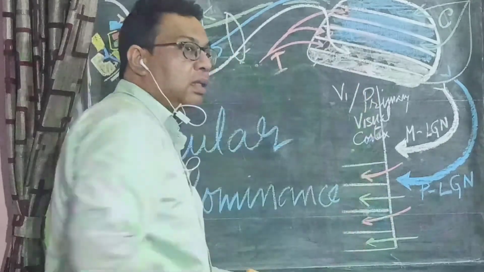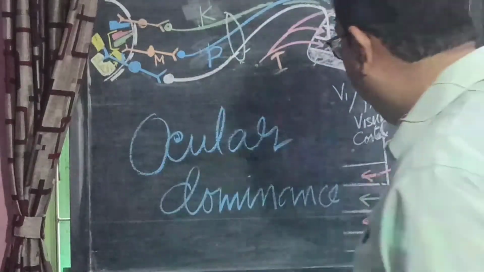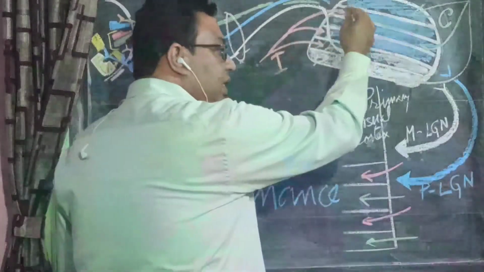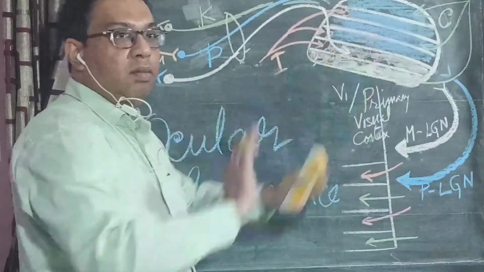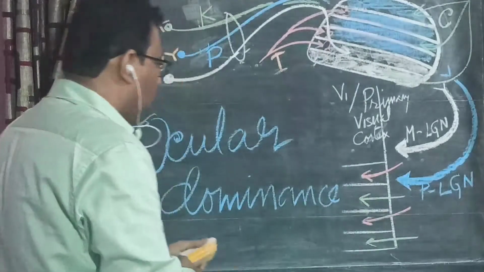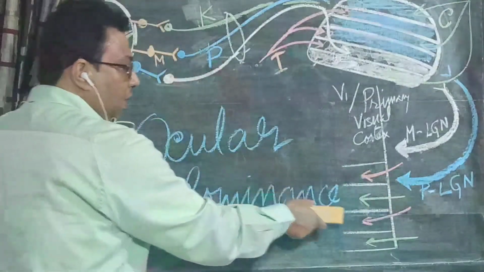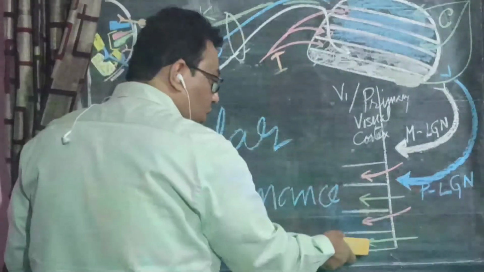So the primary visual cortex is divided into ipsilateral and contralateral strips. So even here, visual signals from the two eyes do not mix. So you have ipsilateral dominance in a strip, contralateral dominance in another, ipsilateral in the next strip, contralateral dominance in another.